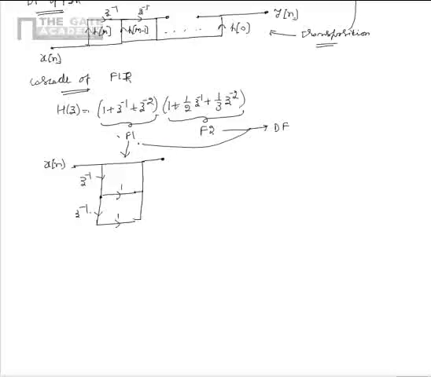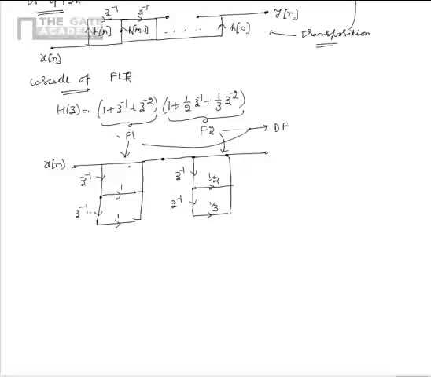The realization that we have seen till now is that of F1, which is of direct form. Now we realize filter 2 using the delay elements z inverse, and the outputs obtained after the delay elements are weighted by 1 by 2 and 1 by 3. And the implementation that we have done now corresponds to filter 2.